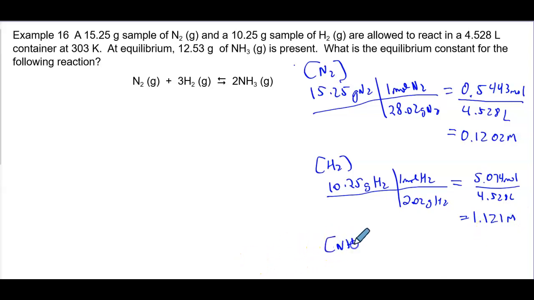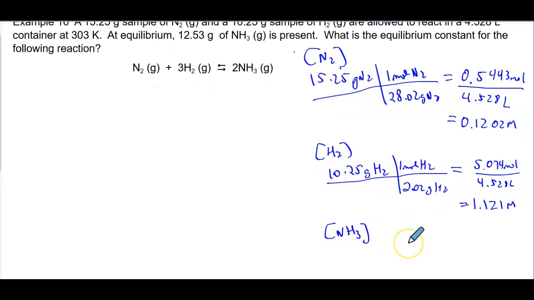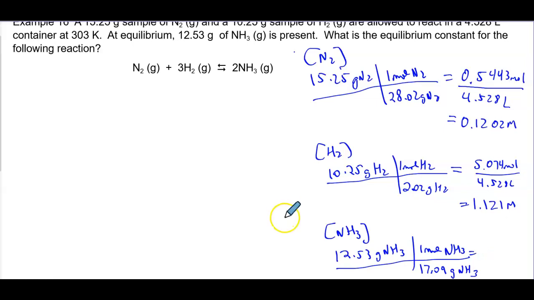And then we can also try to get a concentration for NH3. And I see that I have 12.53 grams of NH3. And I know 1 nitrogen and 3 hydrogen. Remember how to do that. If you don't, I would suggest you email me so we can practice together. This is just the periodic table number. Okay, so I took 1 nitrogen at 14.01 and 3 hydrogens at 3.03, and I got 17.04.